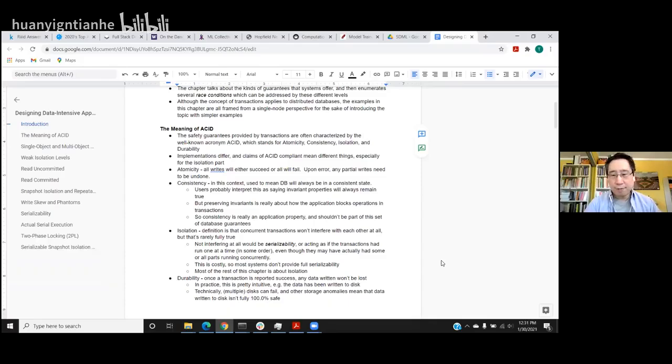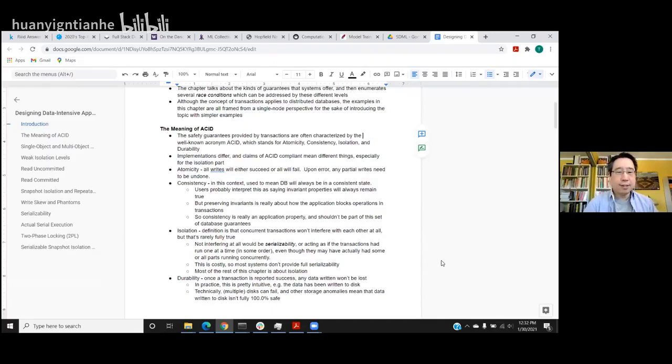If they take out $100 from bank account 1 and put $100 in bank account 2, you don't ever want to be in the situation where the first write that takes out the $100 from your first account succeeds, but the second one that puts the $100 in your second account fails. You'd prefer that the whole thing worked. You can live with the transfer not happening at all, but you really don't want that in-between state. So atomicity is pretty important, and that's generally pretty straightforward.